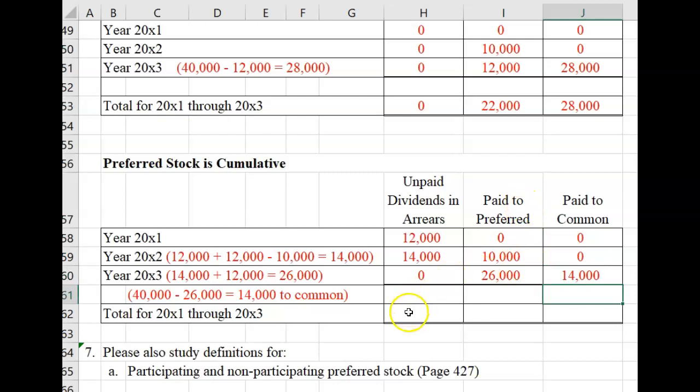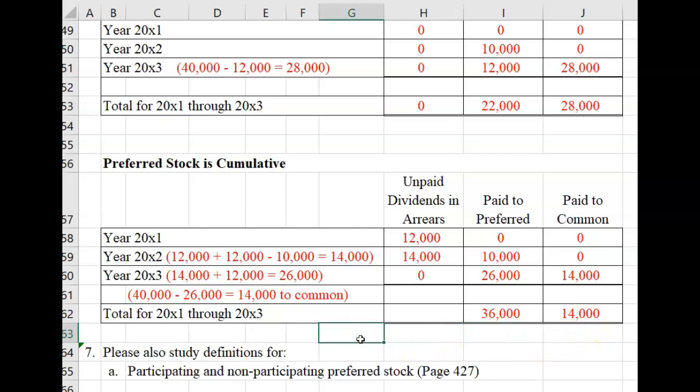Now let's see in this example how much was paid to common and preferred. So over the 3-year period, $36,000 was paid to the preferred shareholders and $14,000 was paid to the common shareholders.